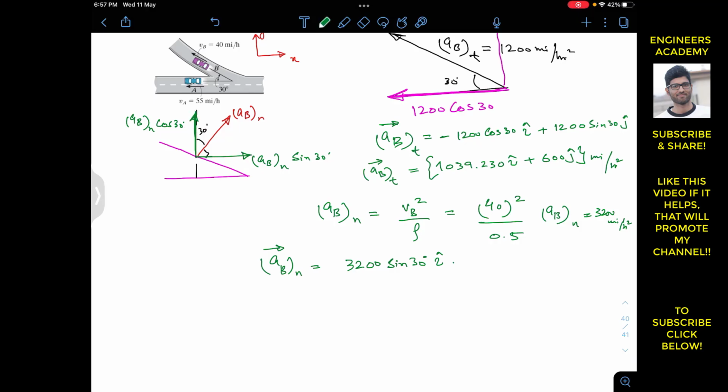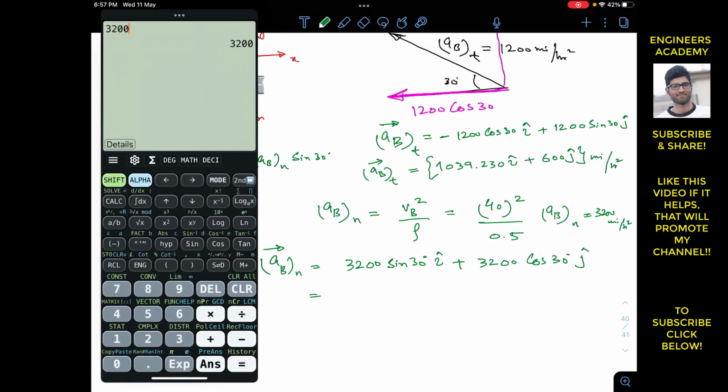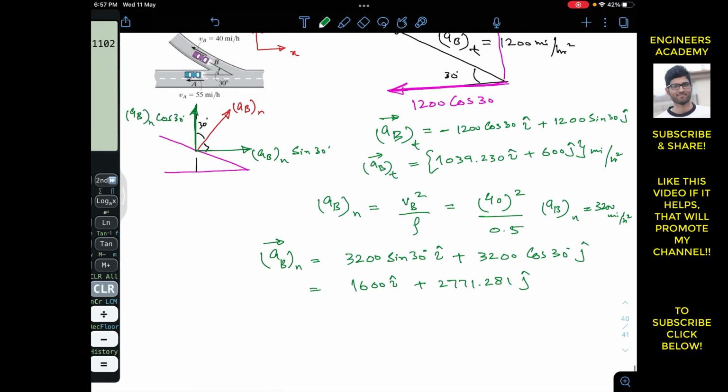So I will write plus ABN, again 3200, cos of 30 in the positive j. So 3200 sine of 30 gives us 1600, and 3200 cos of 30 gives us plus 2771.281 in the j.